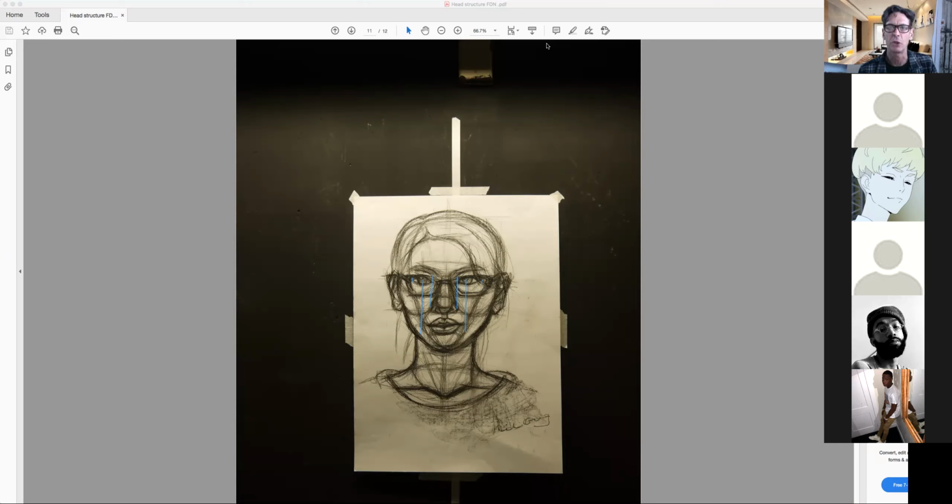Another thing I didn't really talk about, and I'll try to talk about it here for a minute, is a general sense of proportion. We talked about the eyes being about a halfway point, at about the halfway point between the top of the head and the chin. In this drawing, it's maybe a little bit higher. Bring it down even a little bit here. Then the bottom of the nose is going to be about halfway between the eyes and the chin.